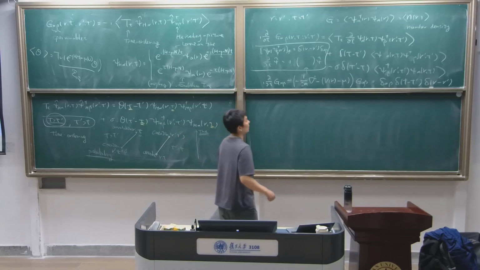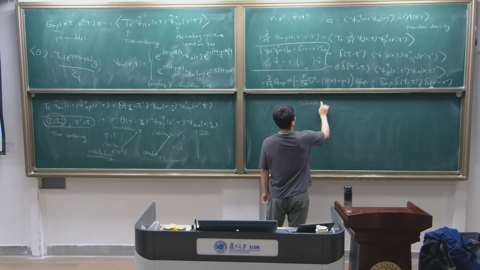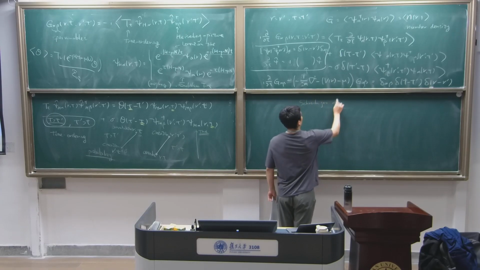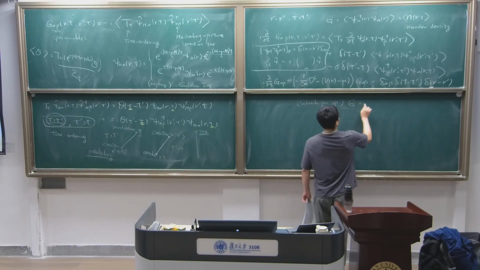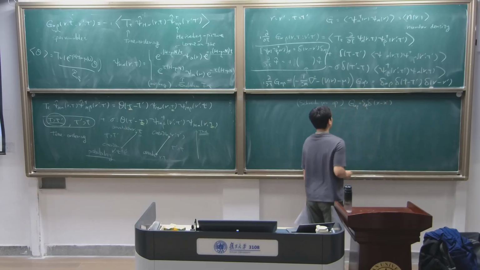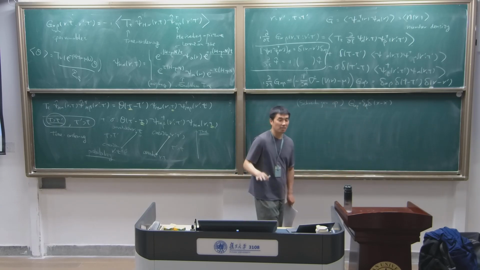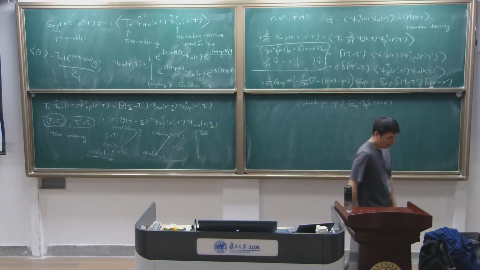So the Schrödinger operator acting on the Green function is the delta function essentially, and this is always the same in any free field Green function.